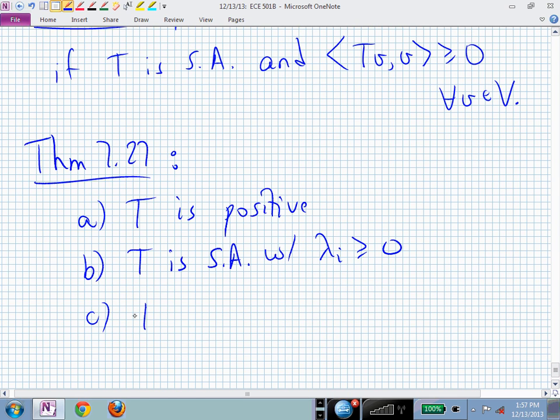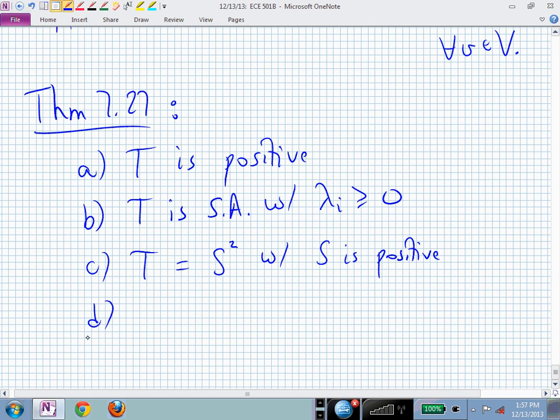We also know that we can find a square root of that linear operator where that square root is positive if T is positive. So if T is positive, then we can find a positive square root for that positive linear map. We can also find a square root where the square root is self-adjoint.